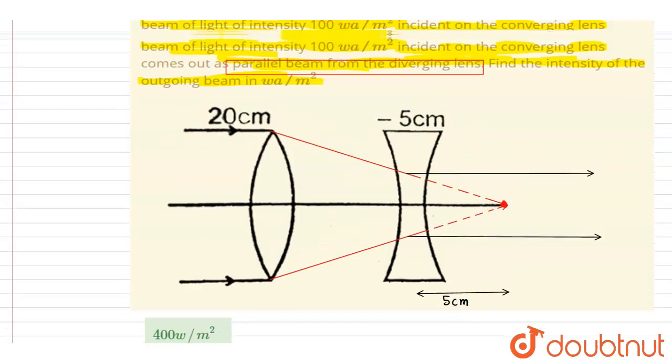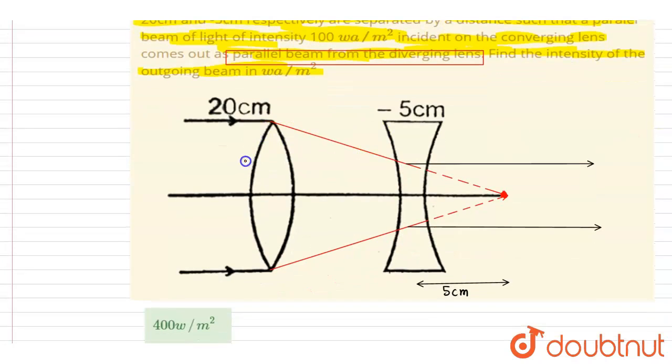So if you see here, now we want the intensity. So if you see the area of this part, right, and from the similar triangle, right. So if you see here, since it is parallel rays, this length will be the focal length, that is 20 centimeter.